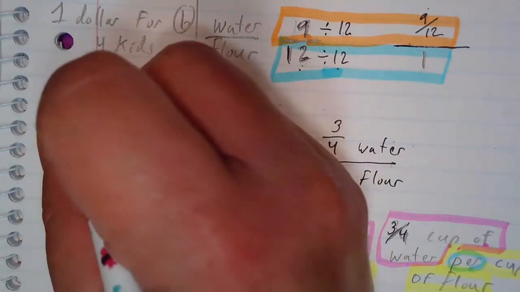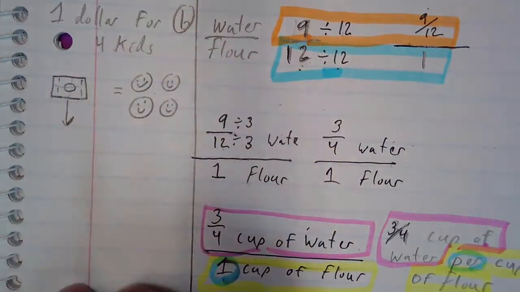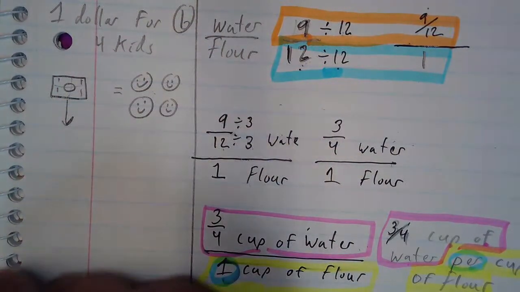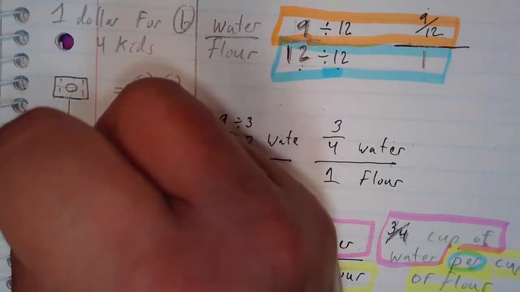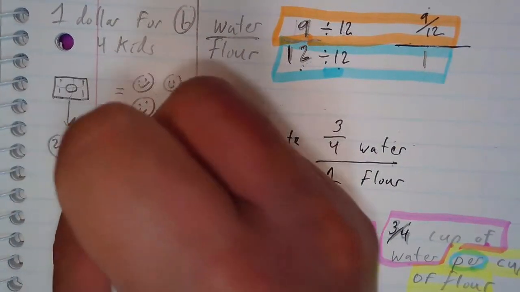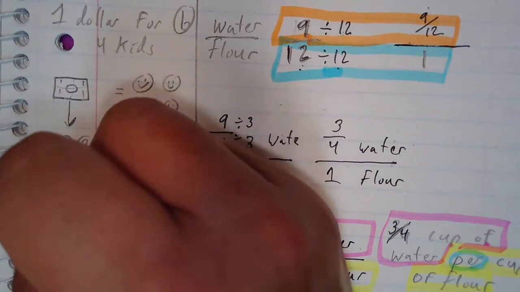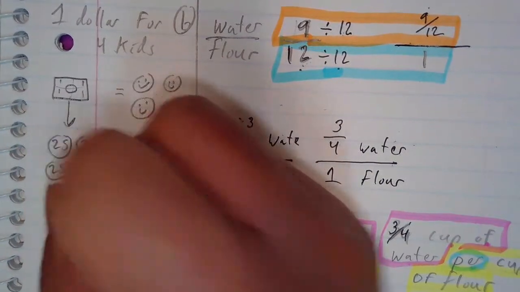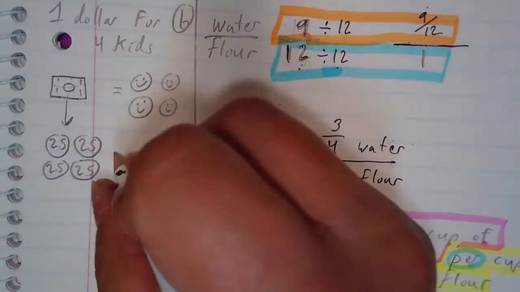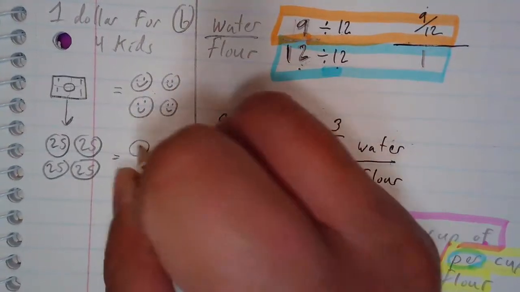So this won't make sense if you're not watching the video. So please pay attention to what I'm saying. All right, here's the deal. We have 25 cents, 25 cents, 25 cents, and 25 cents. We still have the 4 kids.